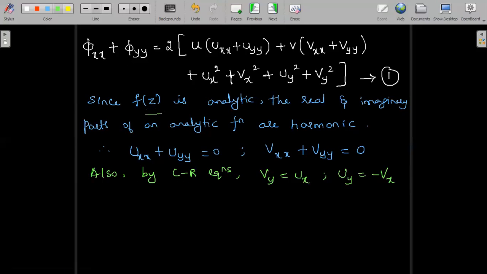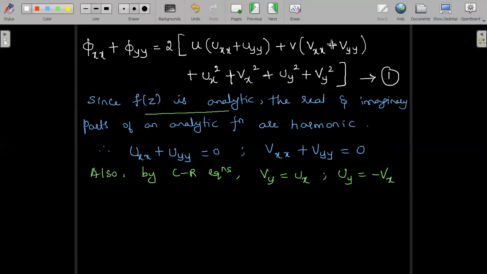So with this one concept, f of z is analytic, we are able to use two theorems. One is CR equations, and the other one is real and imaginary parts of analytic function are harmonic. So that we are going to change vy is equal to ux and uy is equal to minus vx. Both these we will change in equation 1, as well as uxx plus uyy is 0, vxx plus vyy is 0.